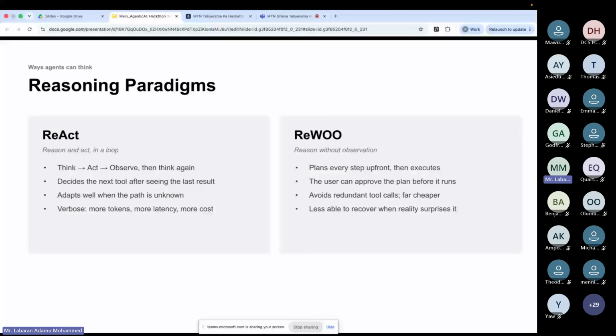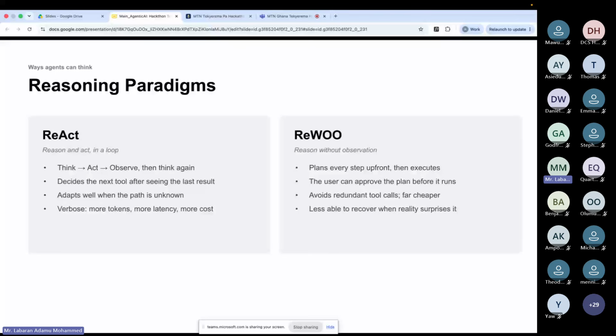Based on that report, your agent can decide whether to go into the next steps or not. If it's rainy, I should halt. In this case, your agent will adapt well when the path is unknown.